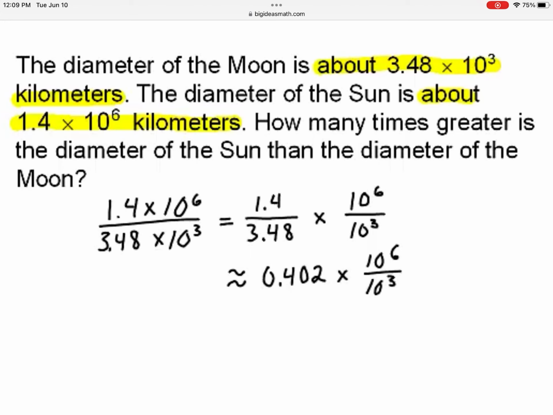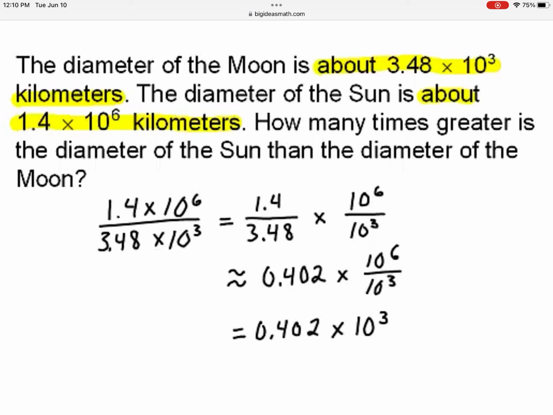This property says that to divide powers with the same base, you need to subtract the exponents. So we keep the first factor, 402 thousandths, keep the base, 10, and then subtract the exponents. 6 minus 3 is 3.